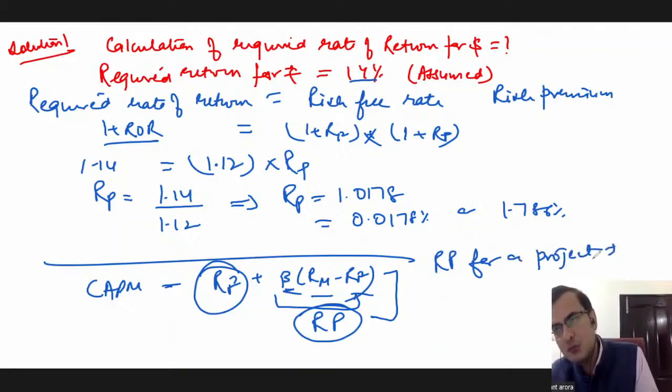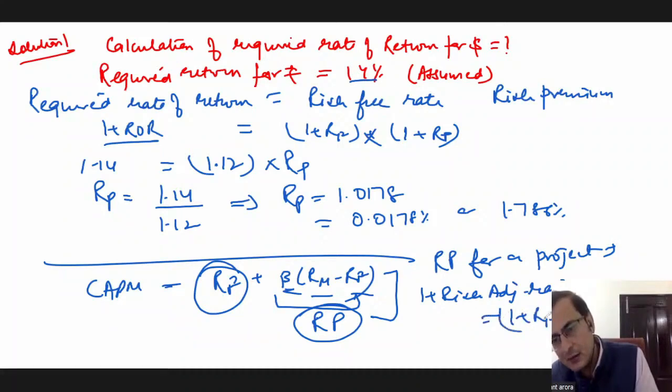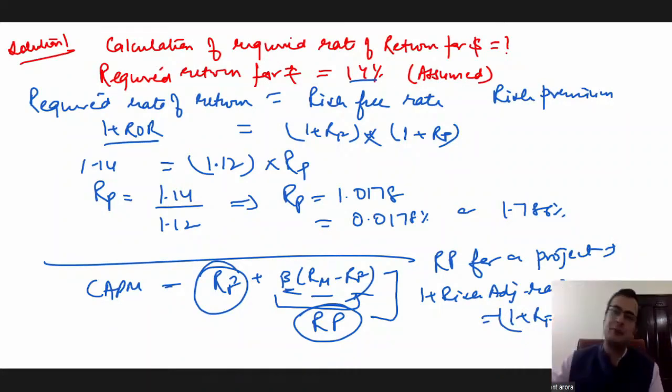So you use this formula in the exam: 1 plus risk-adjusted rate is equal to 1 plus RF, multiplied by 1 plus RP for that project. Multiply. By mistake I wrote plus, so that might have confused you.